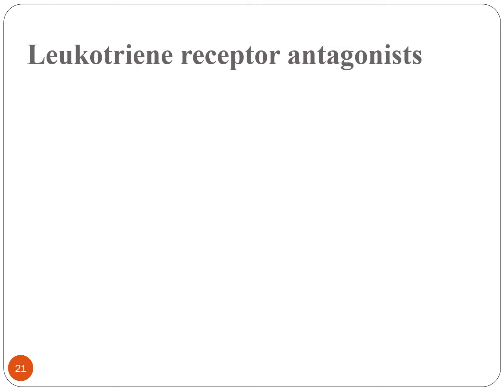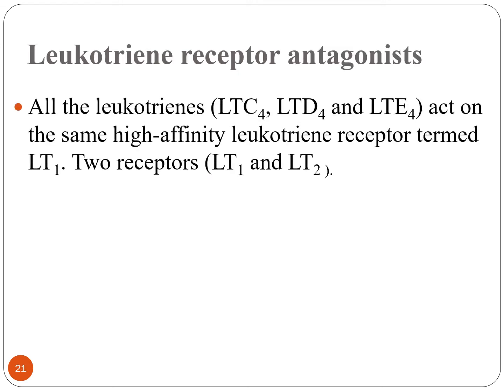We have the leukotriene receptor antagonists. We know that all the leukotrienes, leukotriene C4, leukotriene D4, and leukotriene E4, act with the same high affinity on the leukotriene receptor termed LT1. We have two types of receptor, LT1 and LT2.